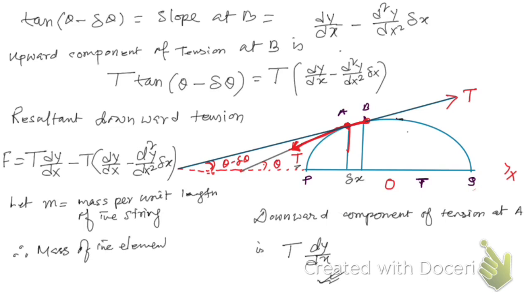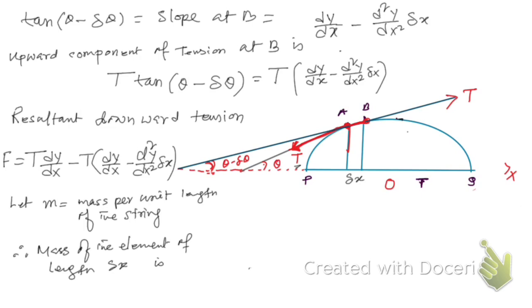of length delta x, which is AB, right? That mass will be, if m is the mass per unit length, m into the length of the element, delta x.